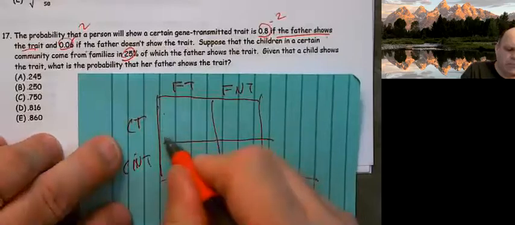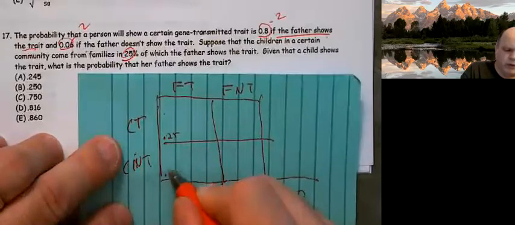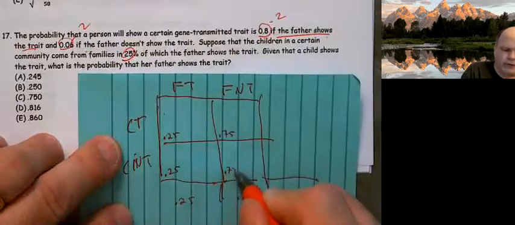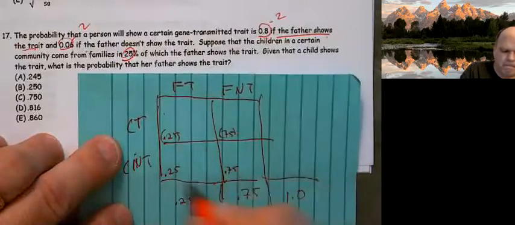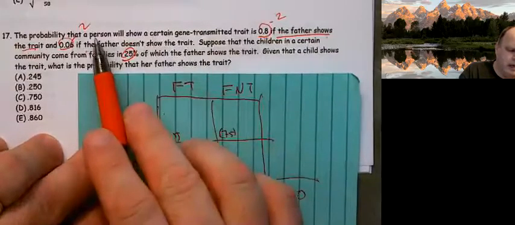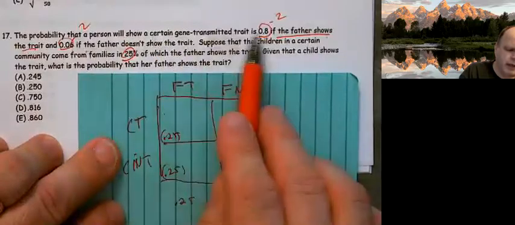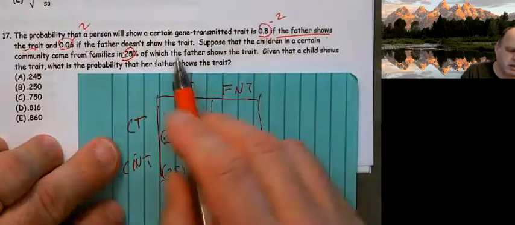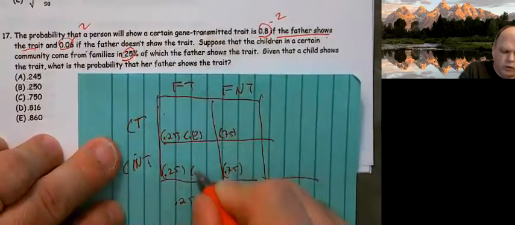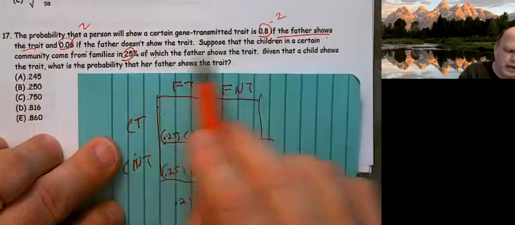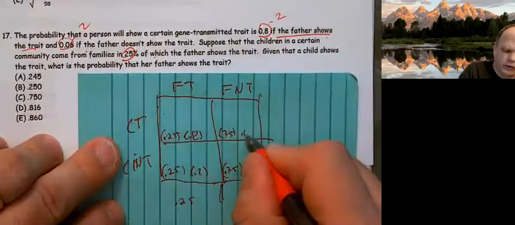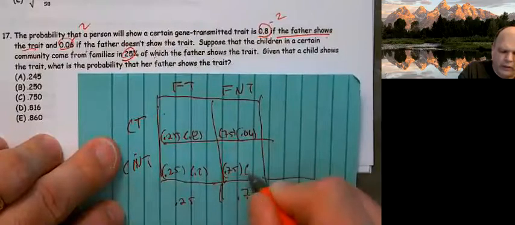So I'm going to bring these up, 0.25, 0.25, 0.75, 0.75. The probability is 0.8. So this is 0.8. This makes this 0.2. And 0.06 if the father doesn't have it, the child does. So this is 0.06. This is 0.94.